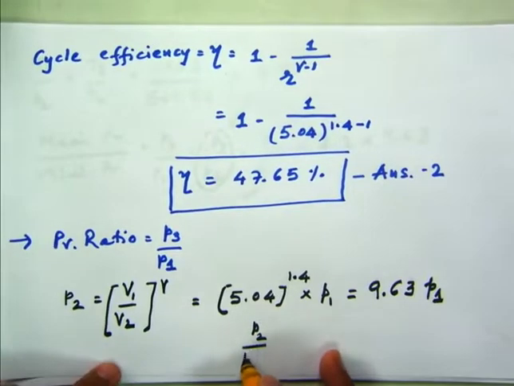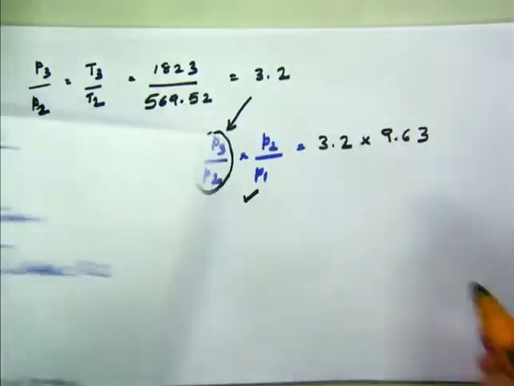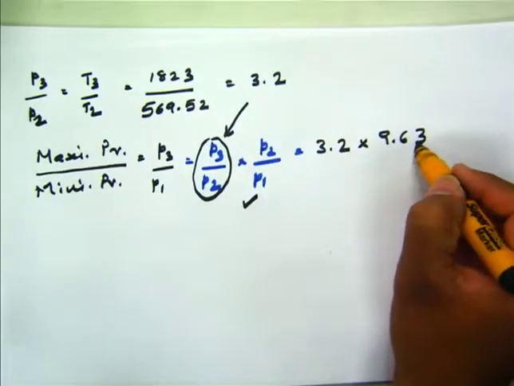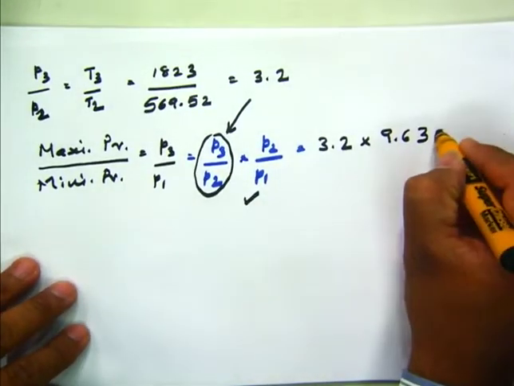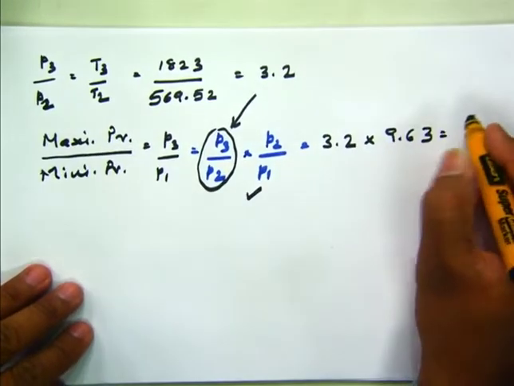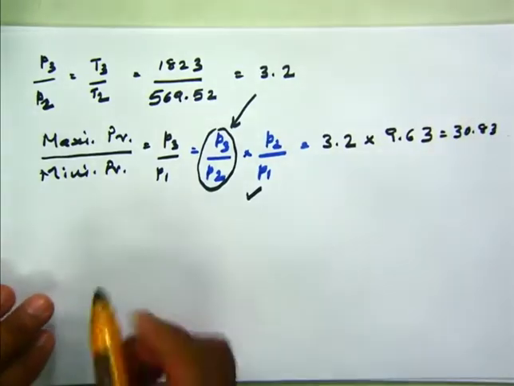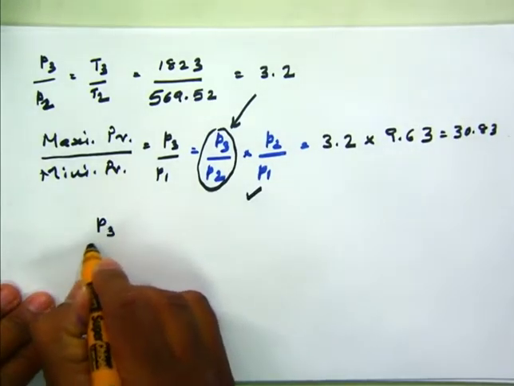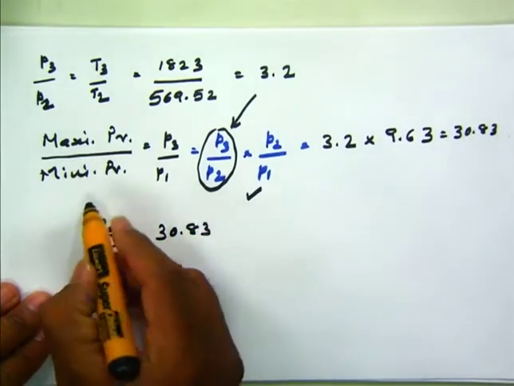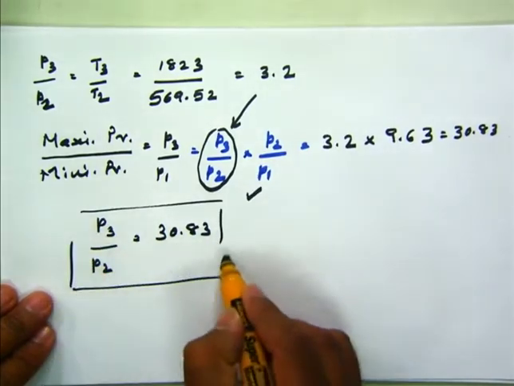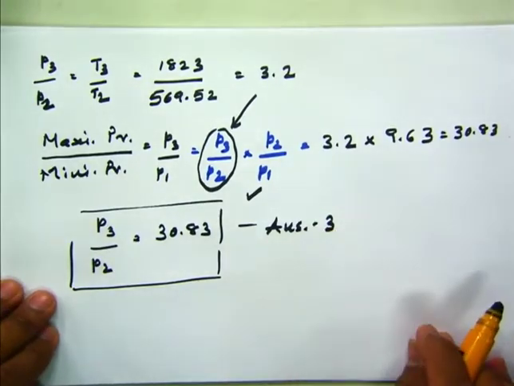So P2 upon P1 is equal to 9.63. This value we put here. So this comes 30.83. So pressure ratio maximum to minimum is equal to 30.83. This is your answer 3.